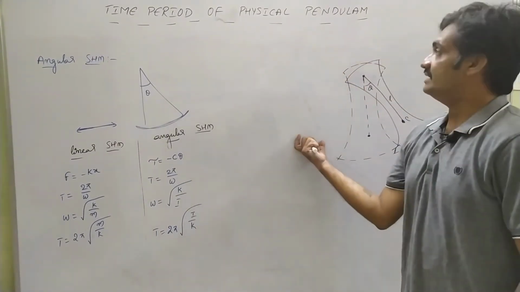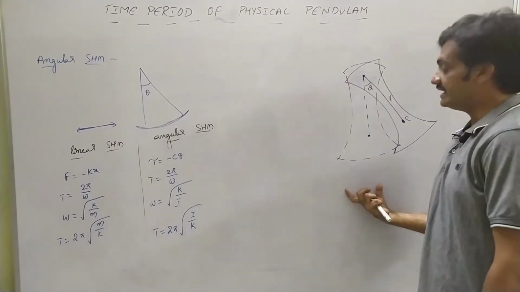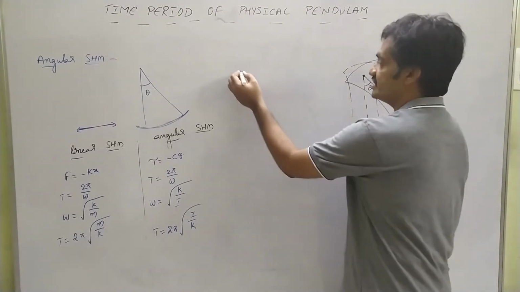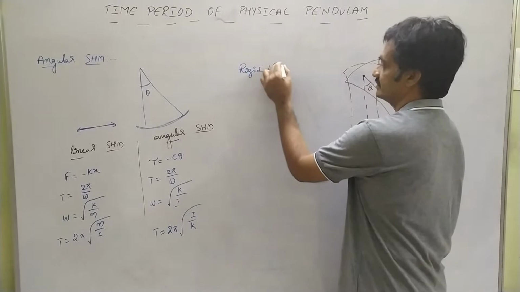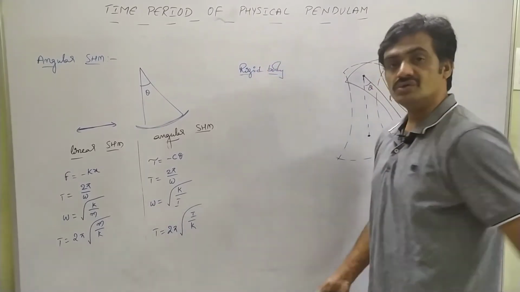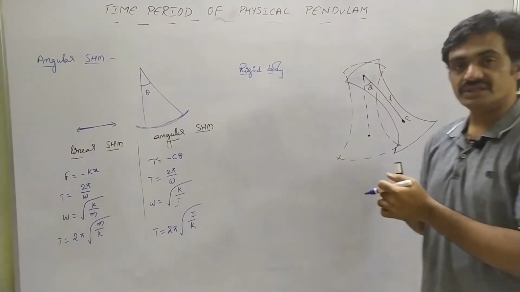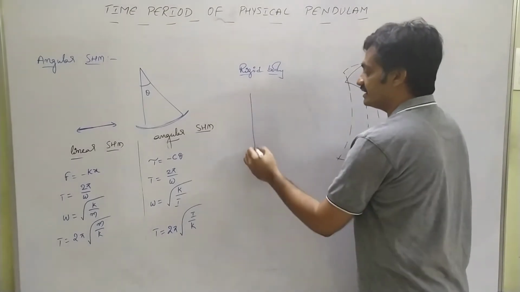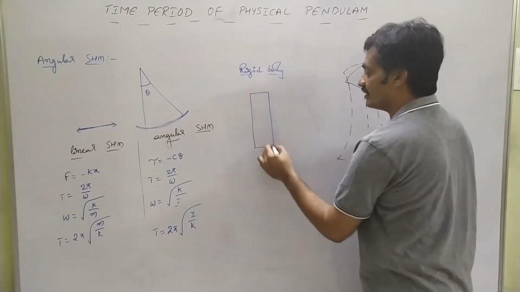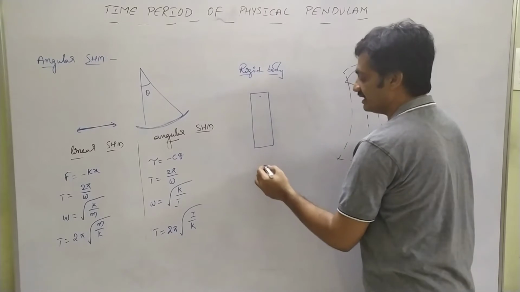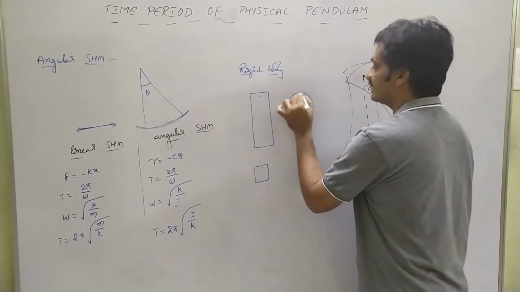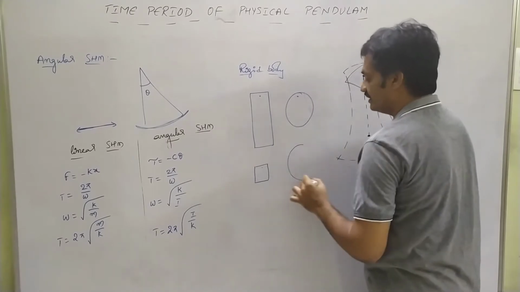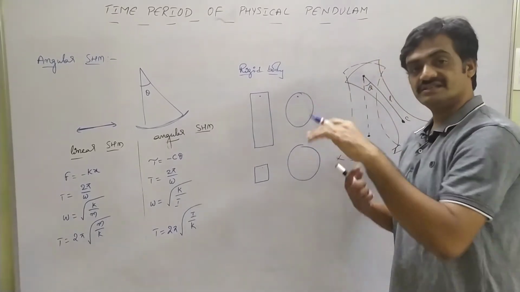In order to represent the time period of a physical pendulum, we consider a rigid body whose upper end is pivoted. We can consider the shape of the rigid body in any form: a rectangle, a square, a circle, a ring, or a sphere.